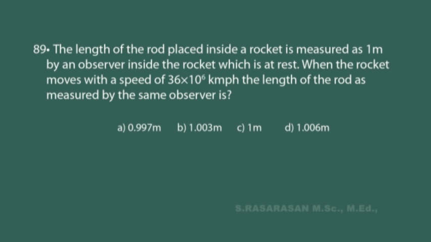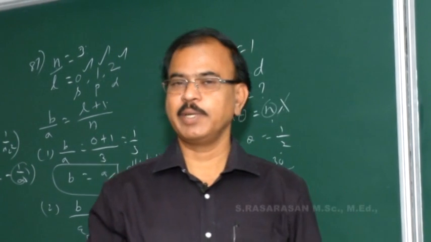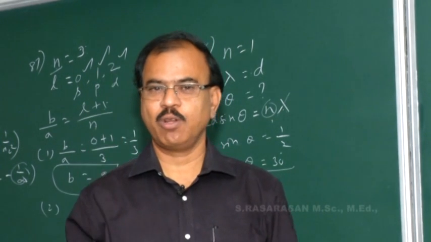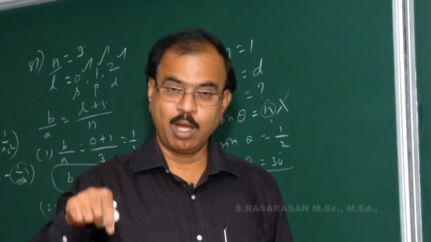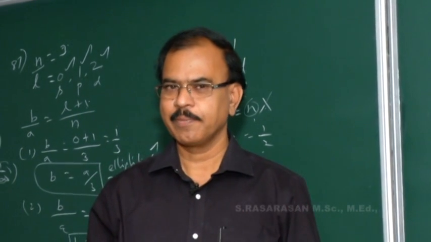When the rocket moves with a speed of 36 × 10⁶ km/h, the length of the rod as measured by the same observer is dash. Now the rocket moves with the speed of 36 × 10⁶ km/h. Then the observer inside the rocket also moves at the same speed.